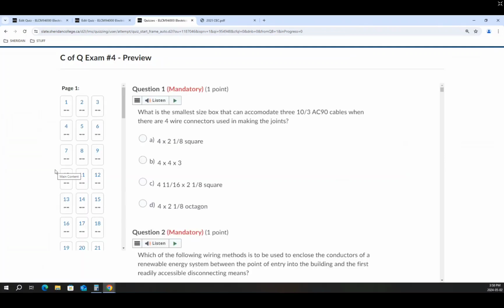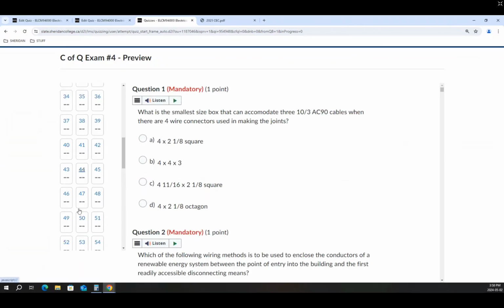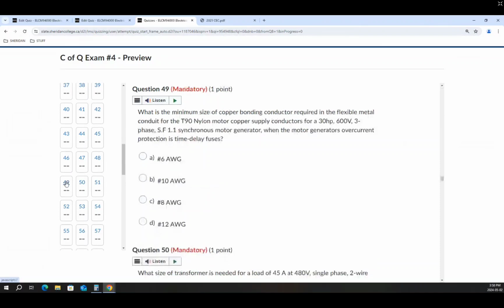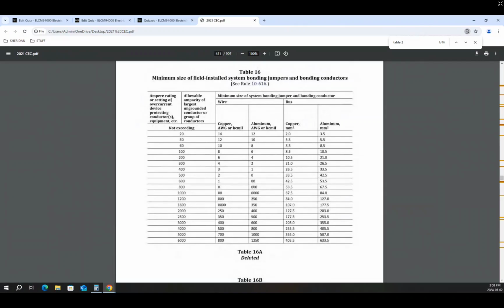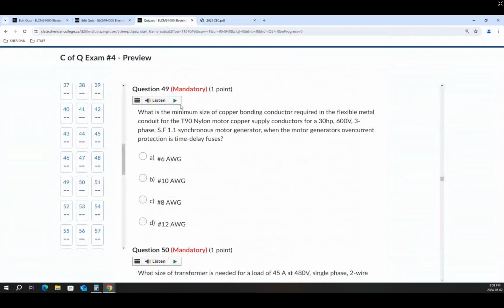I'll jump back in here. So it's asking the minimum size copper bonding conductor required, and the ampere rating or setting of the overcurrent device. Here it's telling me the overcurrent protection is a time delay fuse. It's not giving me the size of it, so I'm not going to try to calculate the time delay fuse. I don't need to.